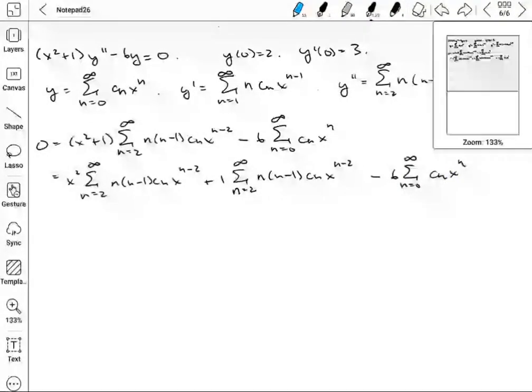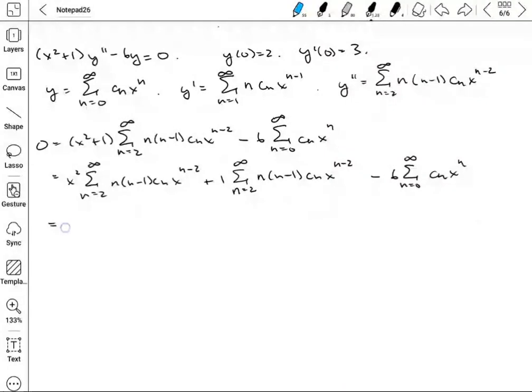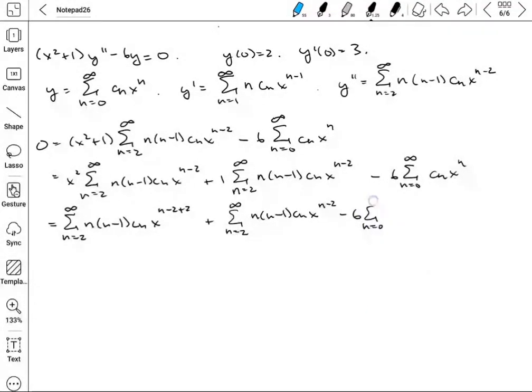And then from here, we're going to move that x squared into the series. All that's going to do is keep all our coefficients the same, but then we add 2 onto the power of x, because that's how multiplication of exponents works. And then multiplying the 1 in doesn't actually change anything for our middle term, and we haven't changed that third term at all.